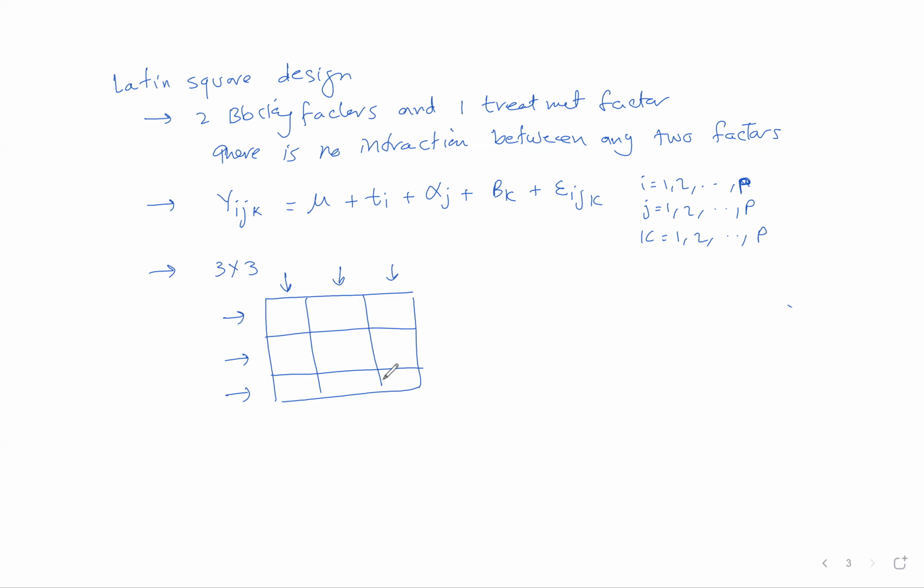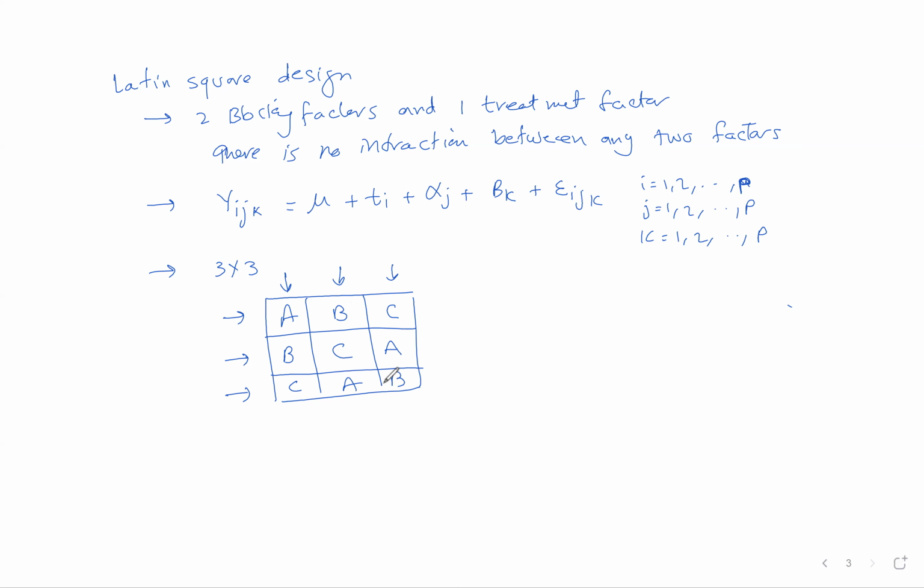Now how do I assign the treatments? We assign them such that each treatment appears only one time within each row and only one time within each column.